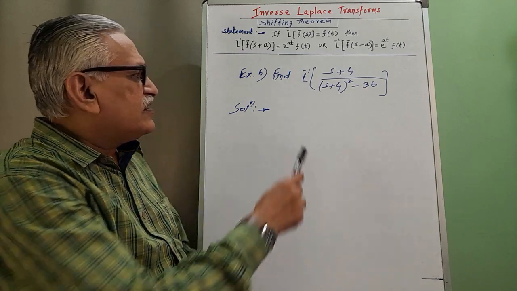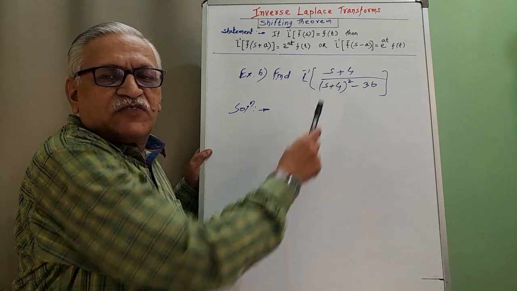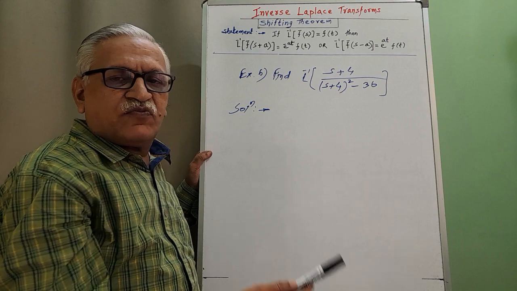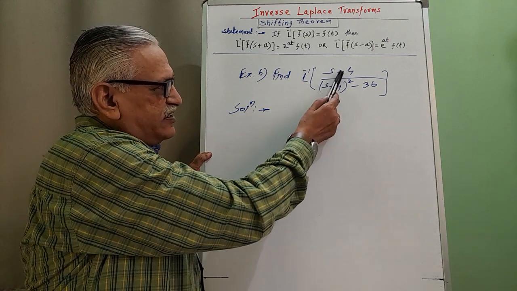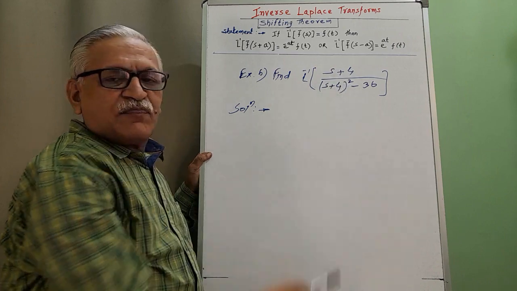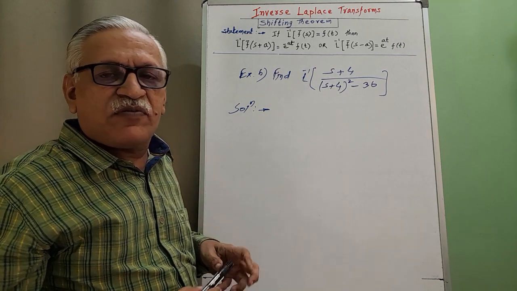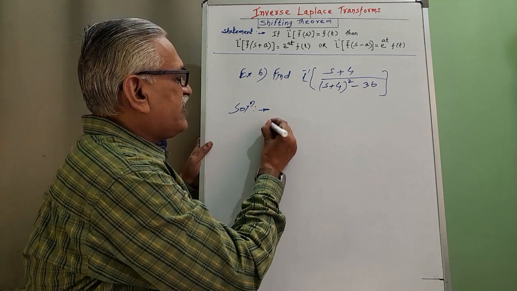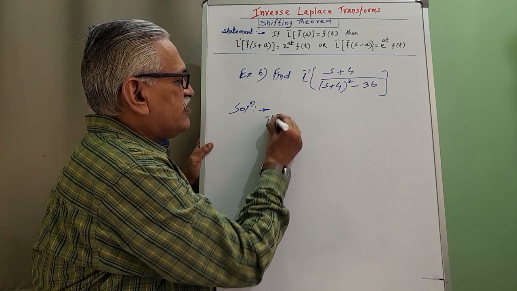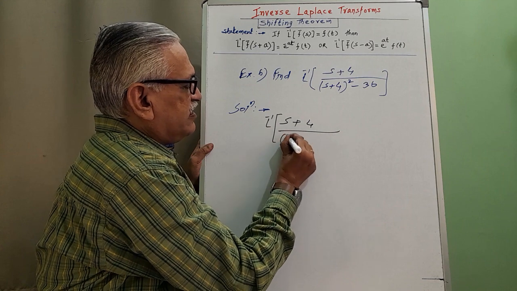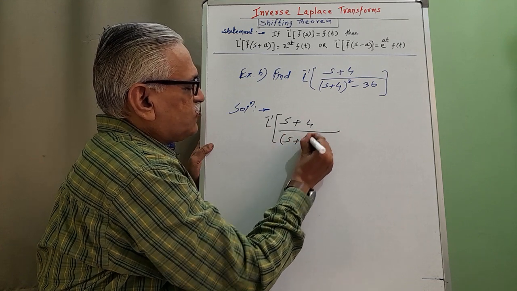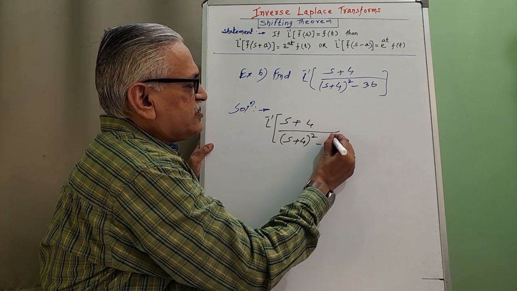Last example, find inverse Laplace of (s plus 4) whole divided by (s plus 4) whole square minus 36, means 6 square. As here both s are replaced by s plus 4, it is a problem of shifting theorem, and therefore we can rewrite that given problem, inverse of (s plus 4) whole divided by (s plus 4) whole square minus 36, means 6 square.